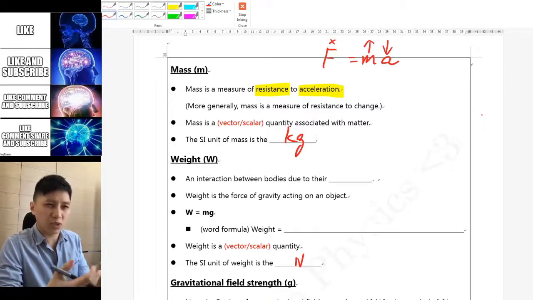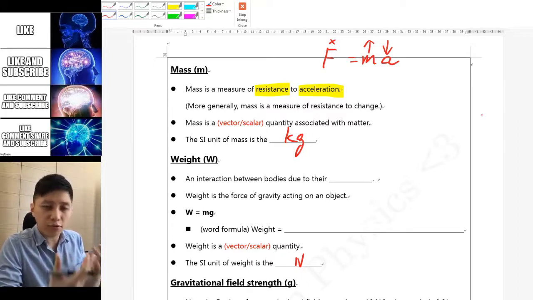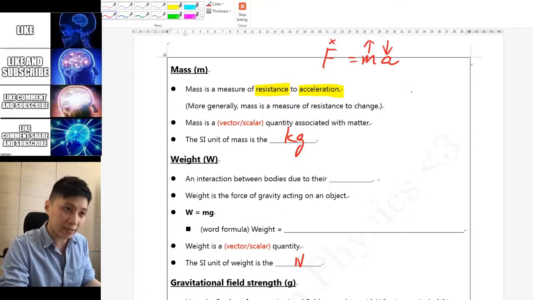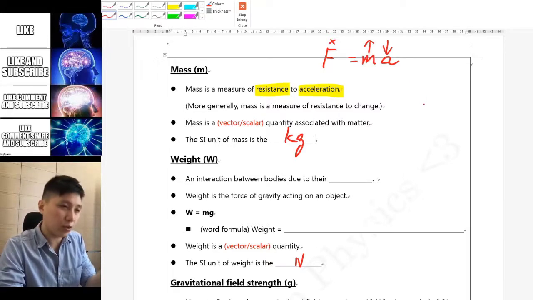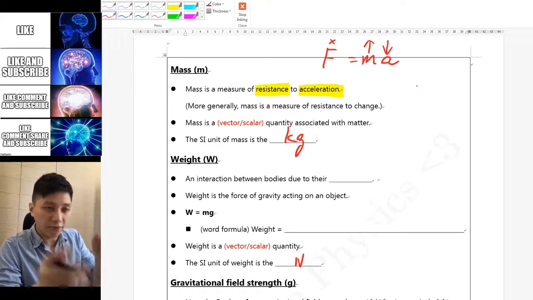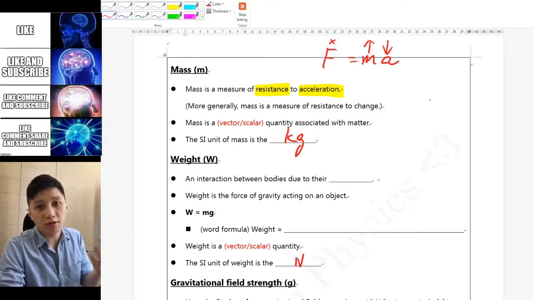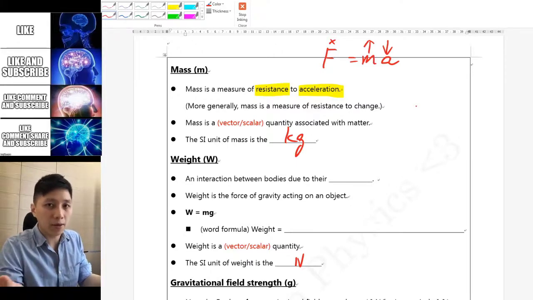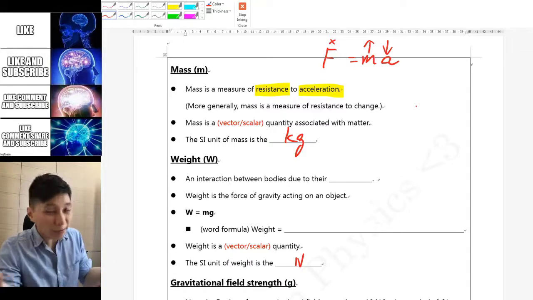So you may wonder, how come there are things that are of bigger mass or smaller mass? What's the difference between you and me so that our mass will be different? The fundamental idea of mass is contributed by the amount of atoms you have. If you think about the kinetic theory you have learned in probably junior secondary, we talk about different states of matter, gas, liquid, and solid, which have different patterns of atoms. At the same time, an object has a finite number of atoms, even though an atom is very small, but it's not infinite, of course.